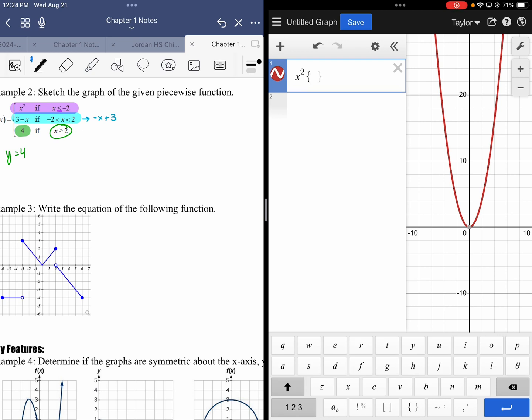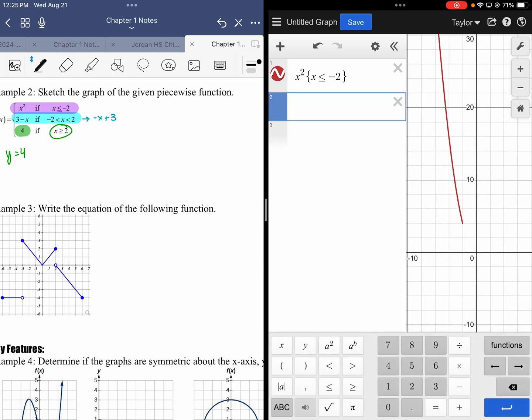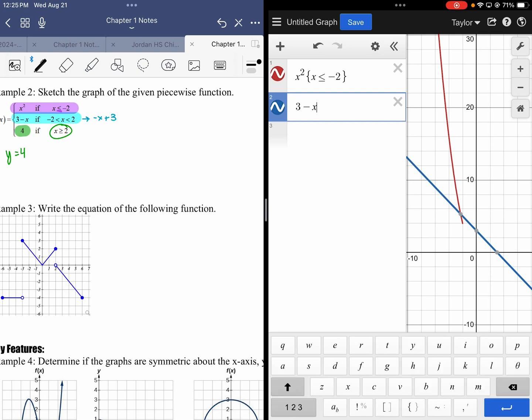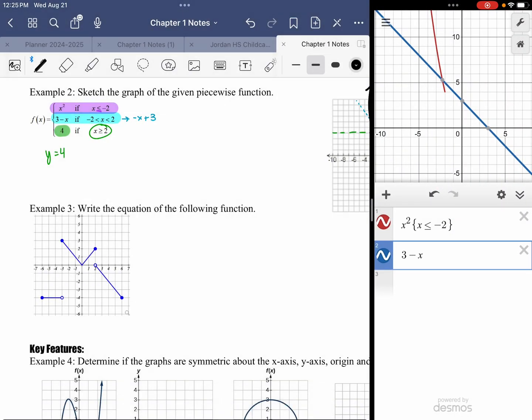I think it's this. Okay. Is it supposed to be showing? Oh, it's not showing, I'm sorry. Yes, it is. Thank you for asking so that I can fix it.